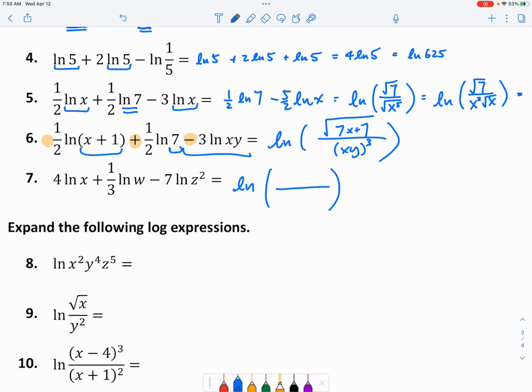In the numerator, there should be x to the 4th power. And then cube root of w over z to the what power?